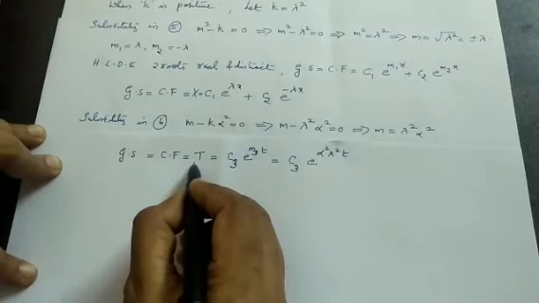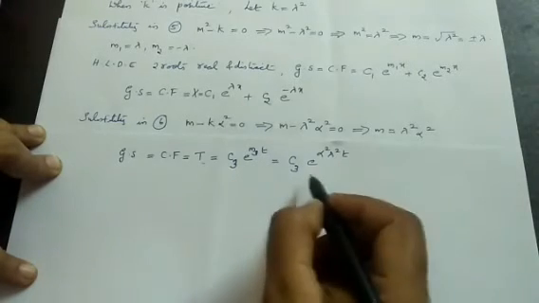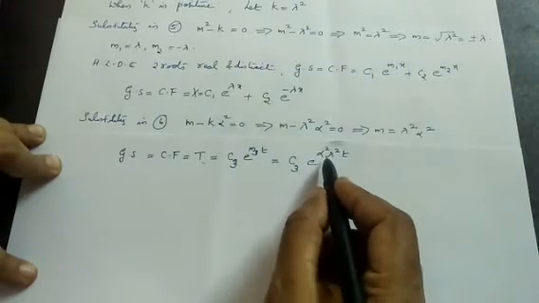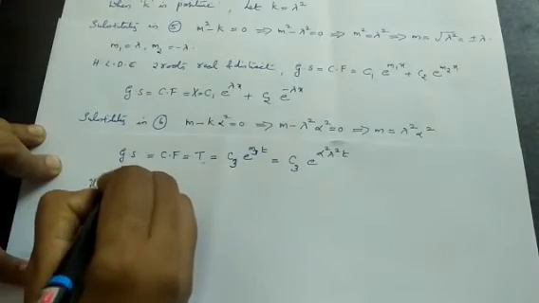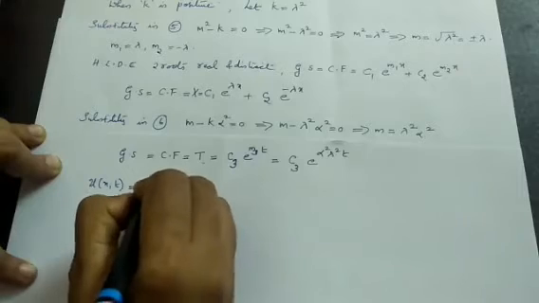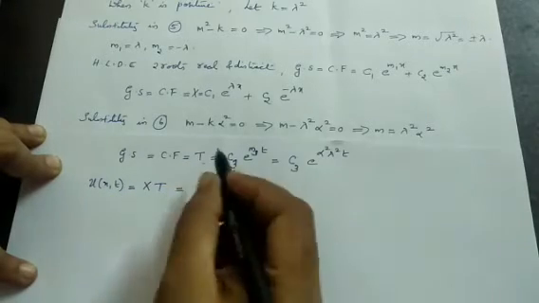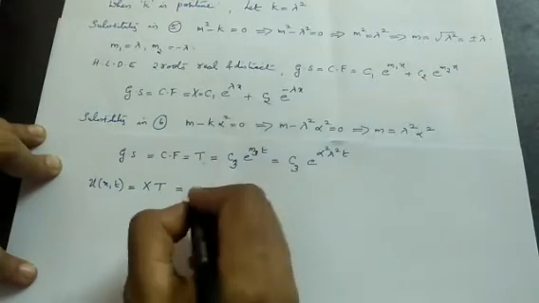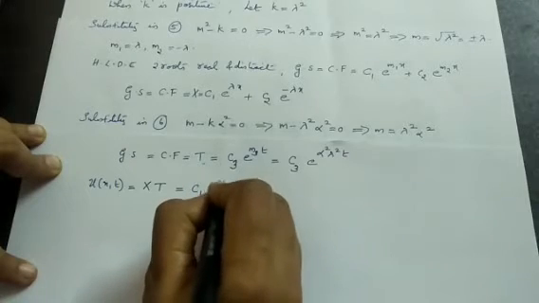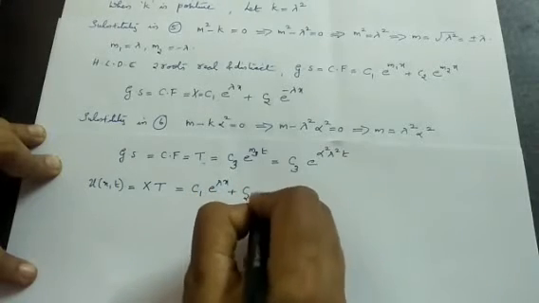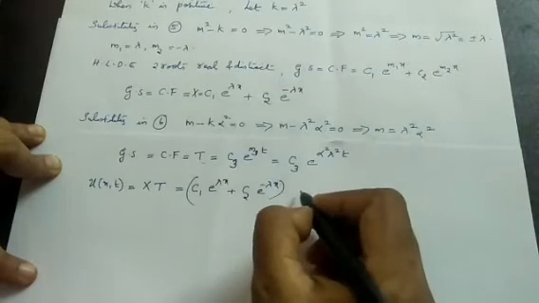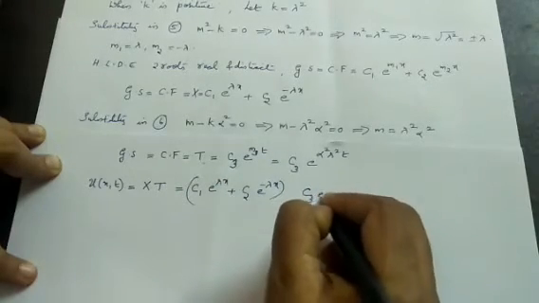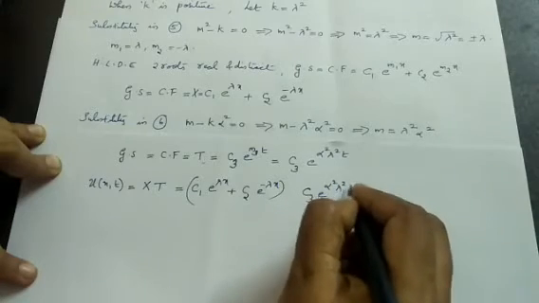Therefore, the solution of t is c3 e raised to alpha square lambda square t. Now u of x,t is x into t, isn't it? In the place of x we can write c1 e raised to lambda x plus c2 e raised to minus lambda x, and in the place of t we can write c3 e raised to alpha square lambda square t.